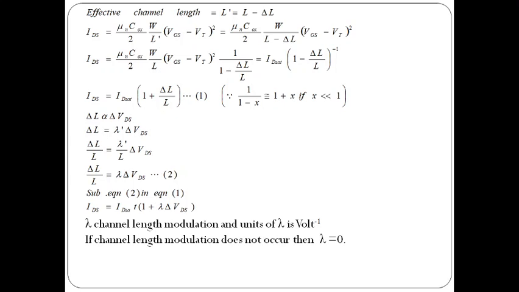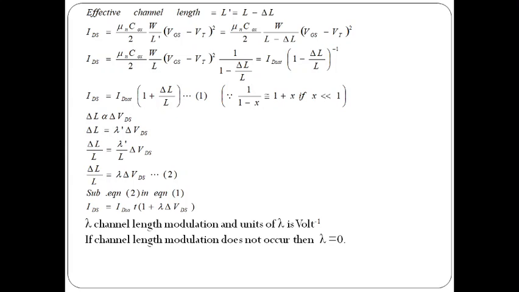Here lambda is the channel length modulation parameter and the unit of lambda is per volt or volt inverse. If channel length modulation does not occur, then lambda equals 0. Lambda is a measure of how strongly channel length modulation occurs.